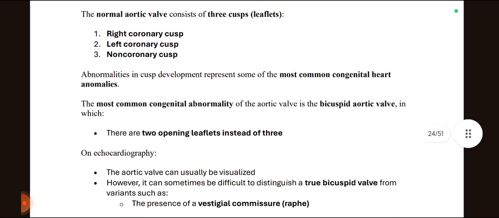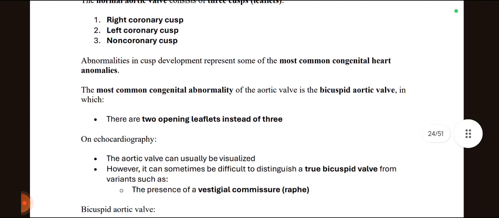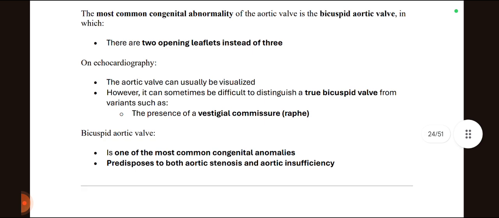Abnormalities in cusp development represent some of the most common congenital heart anomalies, and the most common congenital abnormality of the aortic valve is the bicuspid aortic valve, in which there are two opening leaflets instead of three. So the aortic valve should have been tricuspid, but if there are only two cusps, we will do an echo, and on echo the aortic valve can usually be visualized.